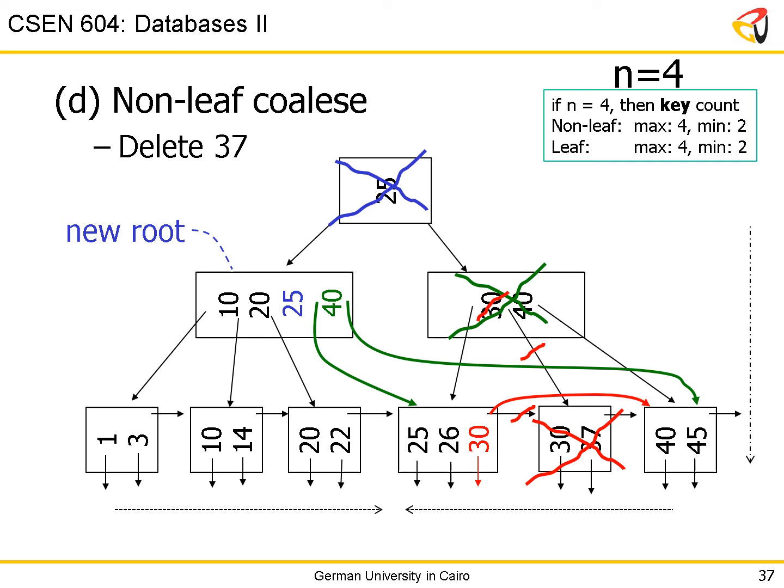And consequently, the tree will shrink the same way it grew. It grows horizontally, and then ultimately the root goes up 1 level in the insertion, and because of the deletion, it will be compacted horizontally, and ultimately the root will go down 1 level instead of going up 1 level. So again, that's why I said that deletion is the complement of insertion in the B+ tree way of working.